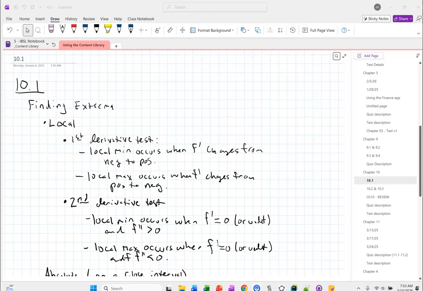Concave up looks like a U. We can tell whether a graph is concave up or down from its second derivative just based on whether it's positive or negative. Positive is up, negative is down. And then we can do the same thing if the second derivative is negative, that tells us it's a maximum because it's concave down, right? Looks like a hill.